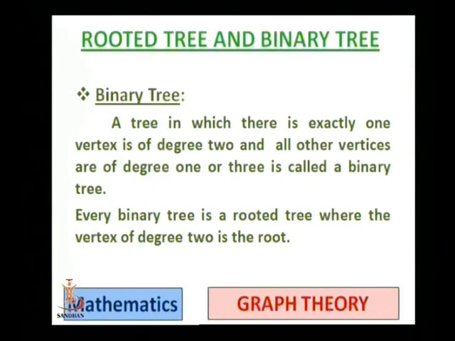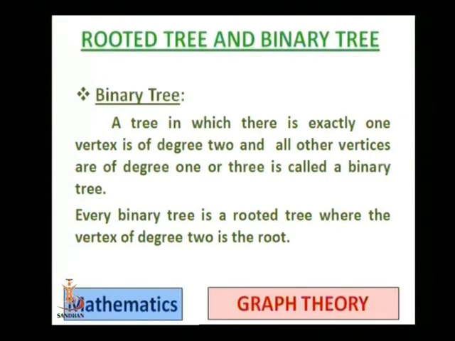So if you analyze this binary tree, there is exactly one vertex of degree 2, which is different from all other vertices, as all other vertices are of degree 1 or 3. That means the vertex of degree 2 will be considered the root of that tree. So by default, the definition says that it is a rooted tree.